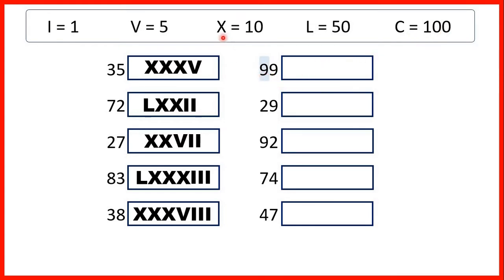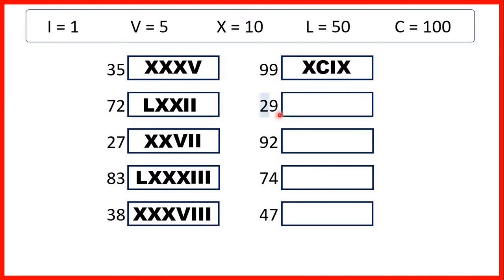So 90 is X before C. So now that we've done this digit in our tens, we can make this 9 in our ones. 9 is 1 before 10, so that's I before X. And it has to be XCIX. You can't write 99 as 1 before 100. Instead, you have to make 90 and then make 9.